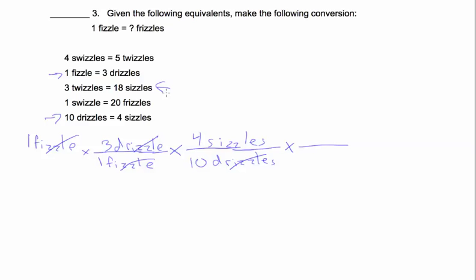So we're going to put 18 sizzles on the bottom, and 3 twizzles on top. See, our sizzles go away. And now we've got to get rid of twizzles. We have this one here. I think I'm going to run out of space, so I'm going to put my next conversion factor down here. Twizzles is here, so I have to have twizzles on the bottom. So I'm going to put 5 twizzles right here.